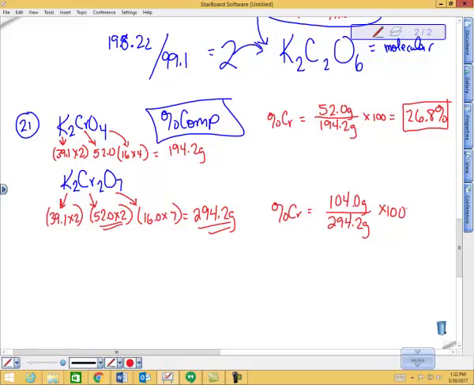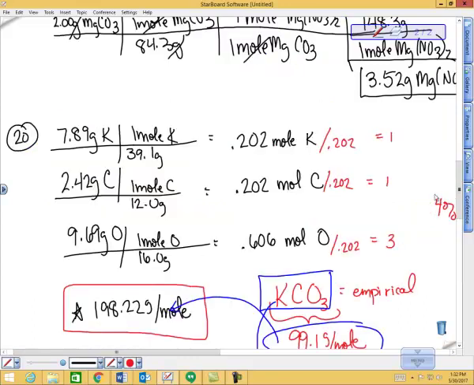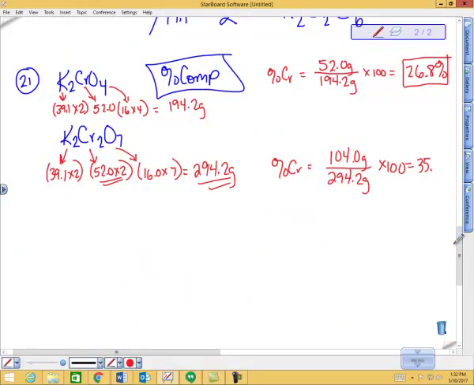Okay, the percentage now is 35, if you want to round to 4 sig figs, 35.4%. So, oops, I don't know how I just did that. That's awesome. 35.4%. So this bottom guy, the second compound, has a higher percentage of chromium. All right, makes sense, everybody? 21 was a good one.